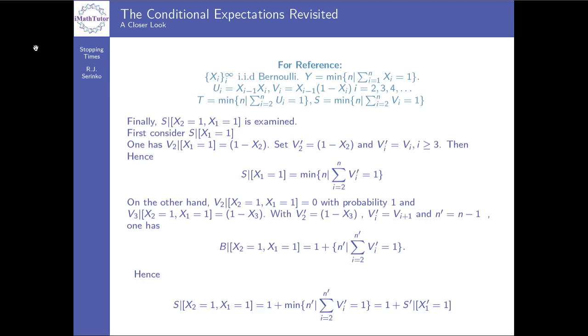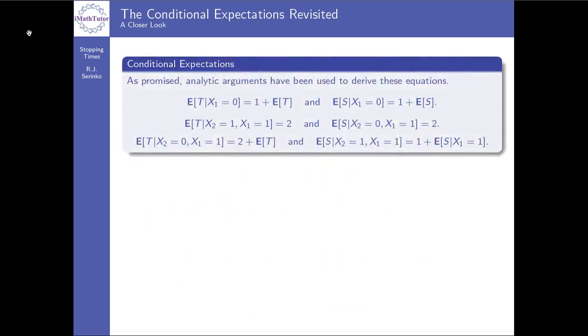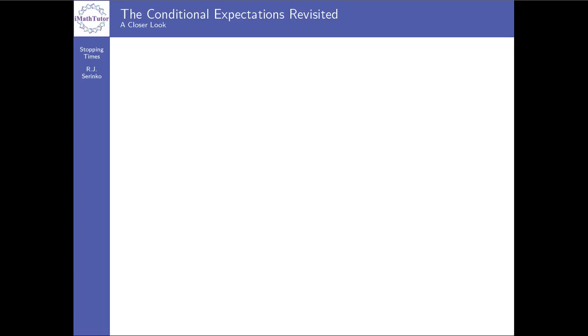So when n prime equals n, the conditional distribution of S prime given x1 prime equals 1 has the same distribution as S given x1 equals 1. It follows that the conditional expectation of S given x2 equals 1 and x1 equals 1 is 1 plus the expected value of S given x1 equals 1. So, as promised, we've given analytic arguments to derive these expressions.